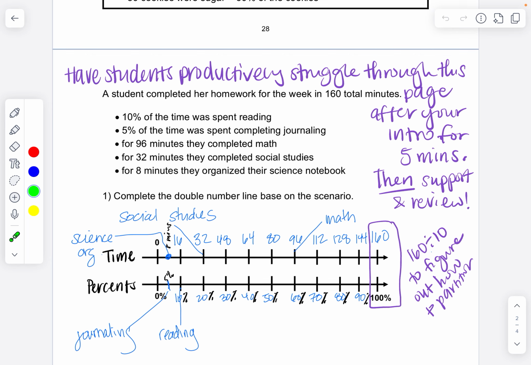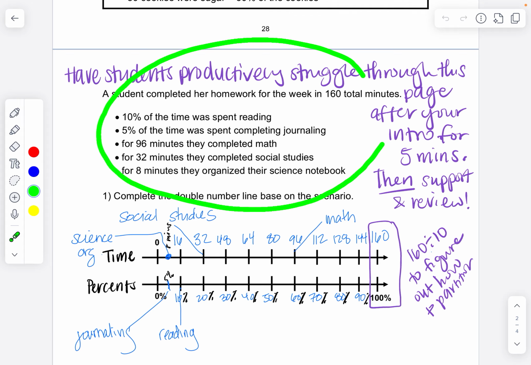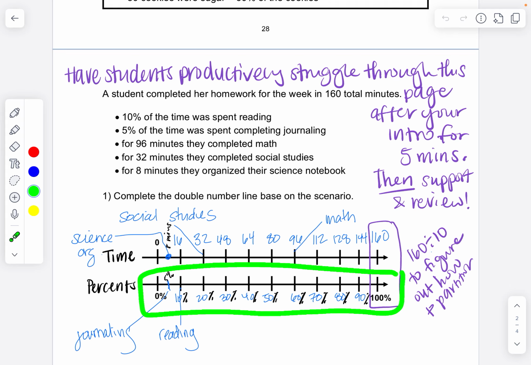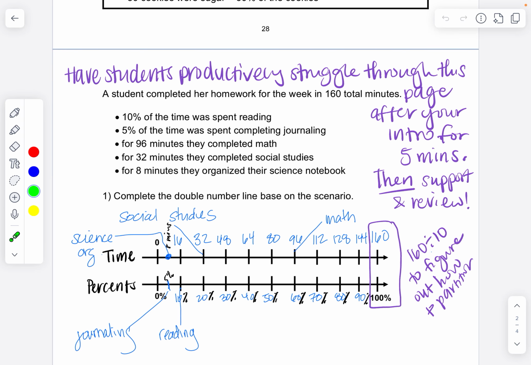The physical lines have already been drawn for students. The double number line has been drawn. It also has been partitioned. So within these 5 minutes, here's what we should expect. Even without reading the problem, students should know how to skip count for the percents. That is the bare minimum. Then we should see them trying to productively struggle through the question.